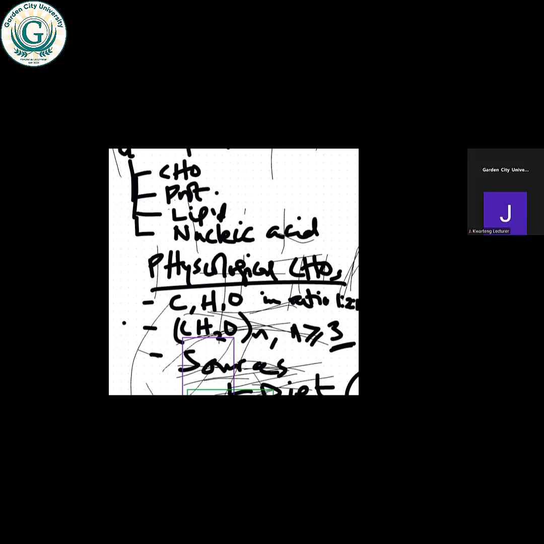Through metabolic reactions, our cells are able to produce what? A lot of glucose. The first metabolic process is called gluconeogenesis. So through gluconeogenesis, our cells are able to produce a lot of glucose, which is a common form of what? Carbohydrate. Okay.